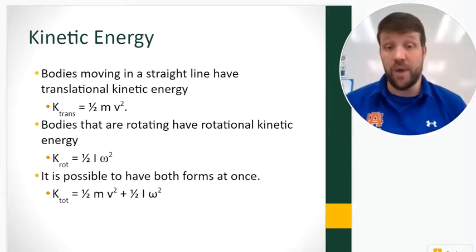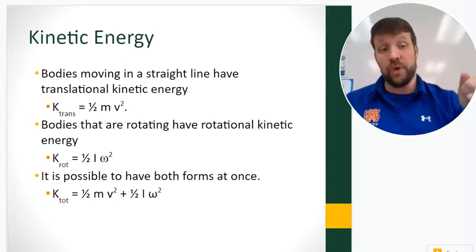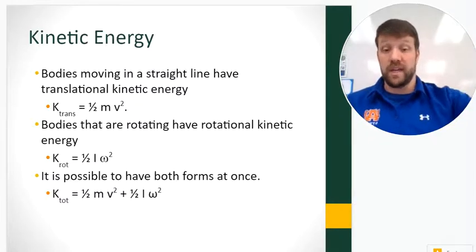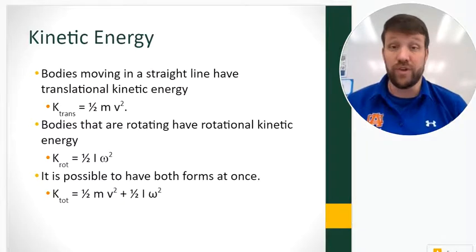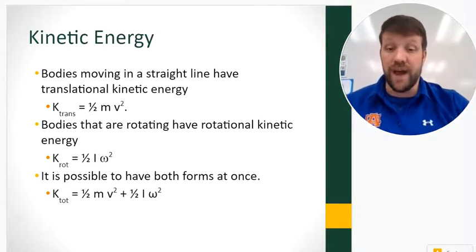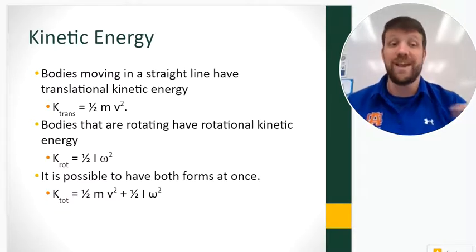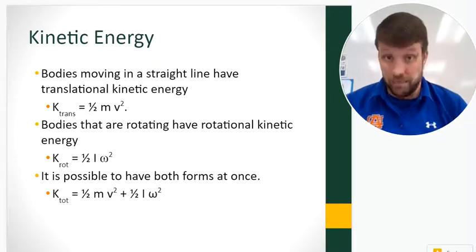So to go back to our hatchet example, if I were to throw that hatchet, it's moving from A to B, and we could find 1/2 mv squared, the translational kinetic energy of this as it's moving. We could also find the rotational kinetic energy based on how quickly or slowly it spins.